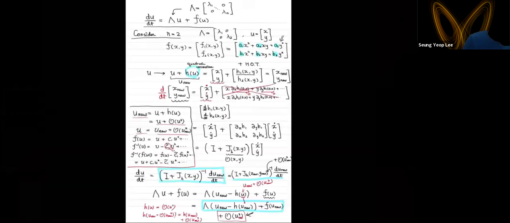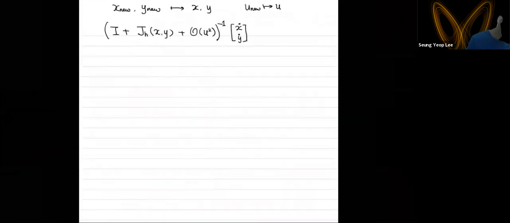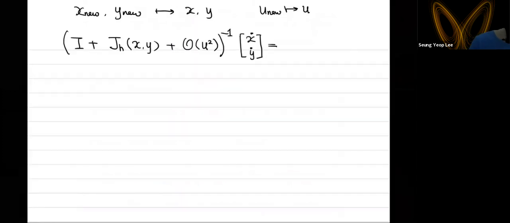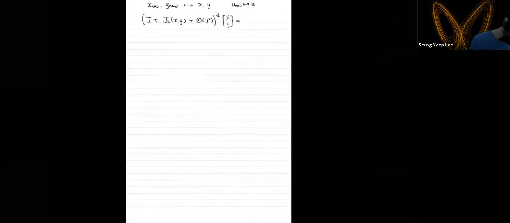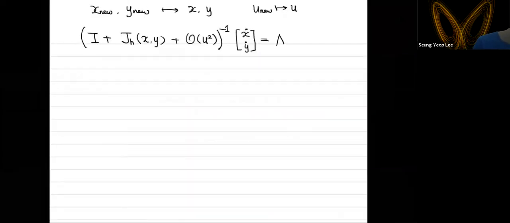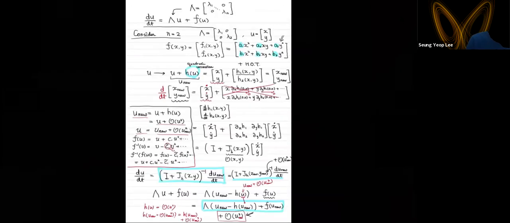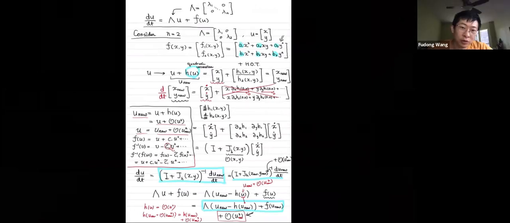Is this the left hand side? Yes, that's the left hand side. Is equal to the right hand side lambda u, h u, f u. So what is O of u squared?